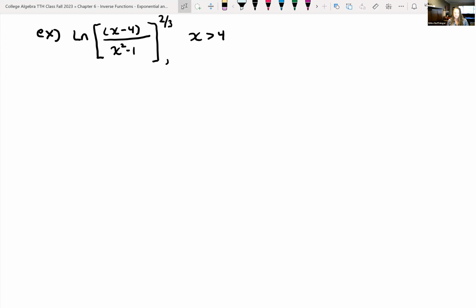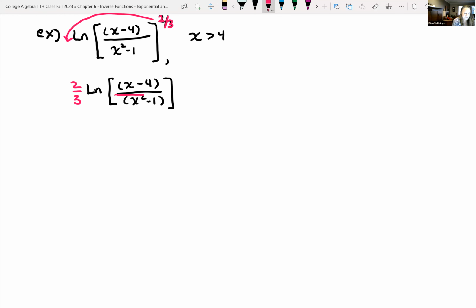So first thing we want to do is get rid of that 2/3 power. And it's an exponent, so we can use the properties of logs where we can bring our exponent down front. So this is the same thing as 2/3 times the natural log of x minus 4 all over x squared minus 1.